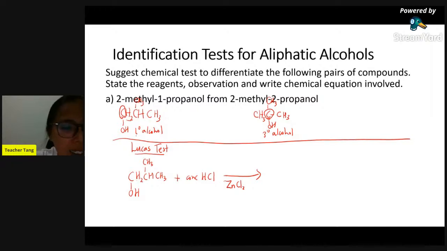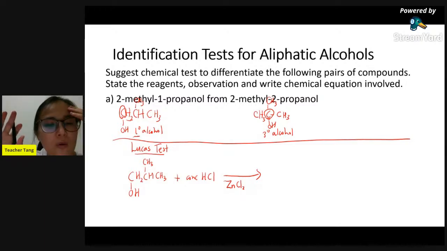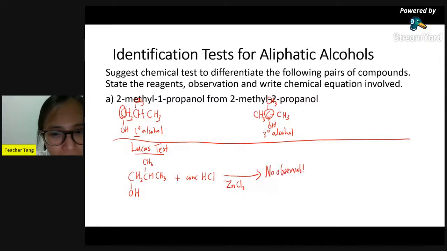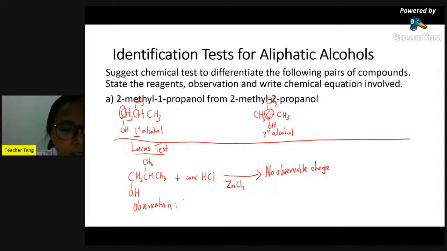This one is a primary alcohol. For a primary alcohol, the Lucas test is done within 10 minutes only. Remember, Lucas reagent, SN1, 10 minutes is not enough. So we get no observable change. And the observation will be: solution does not turn cloudy, because we get no product.